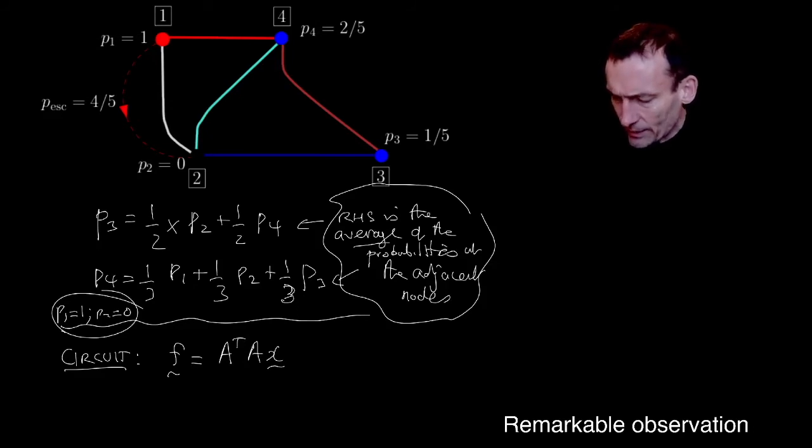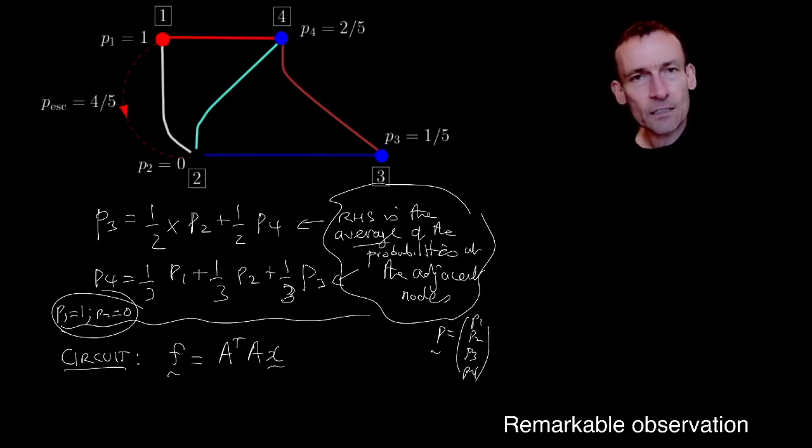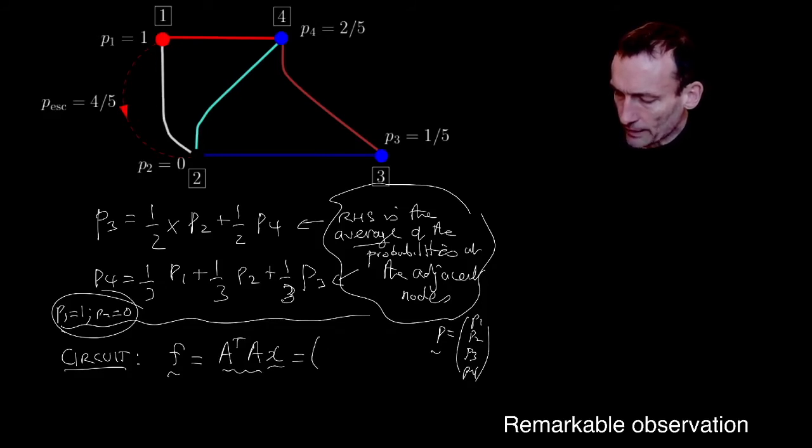What's the connection there? Because it looks like the solution for X in this circuit problem is the same as the solution for P if I were to put P into a vector like this. Okay, it looks like X is equal to P. Well, I don't know if you recall this, but remember, this was the Laplacian matrix, and I showed you that it has the following decomposition in terms of degree matrix and what I call an adjacency matrix.